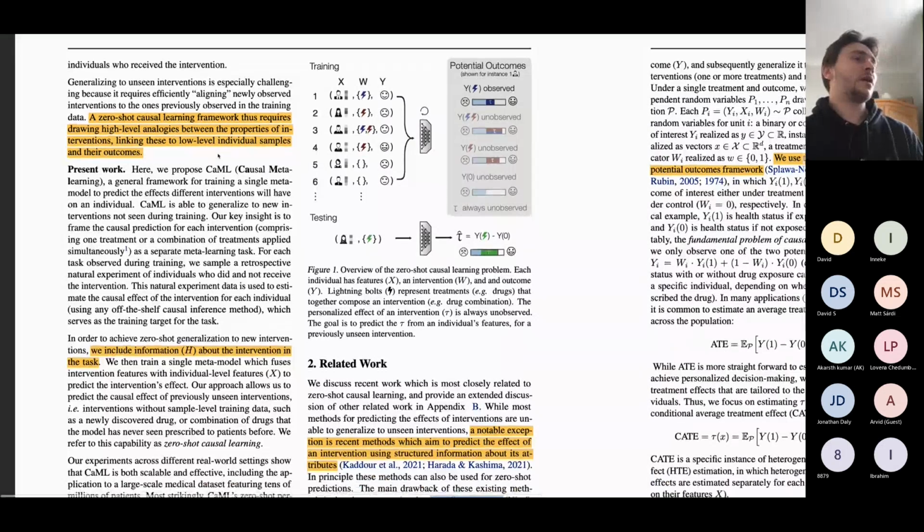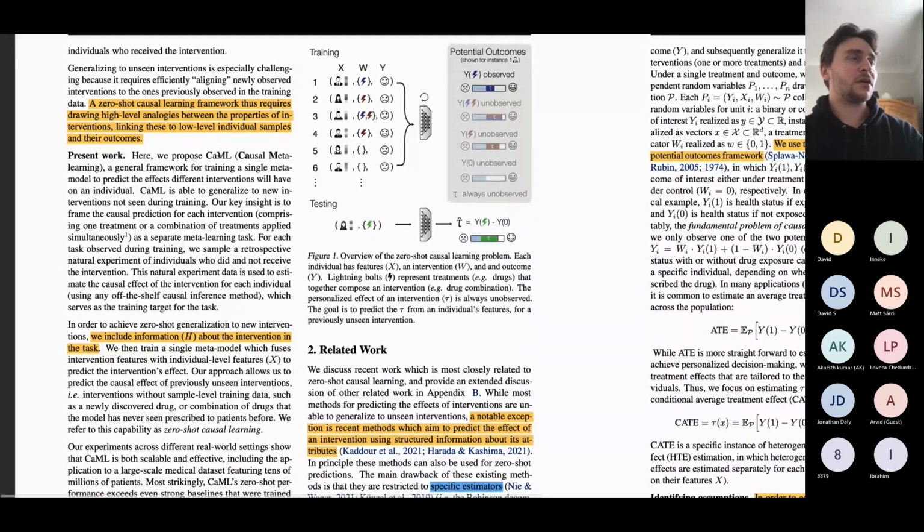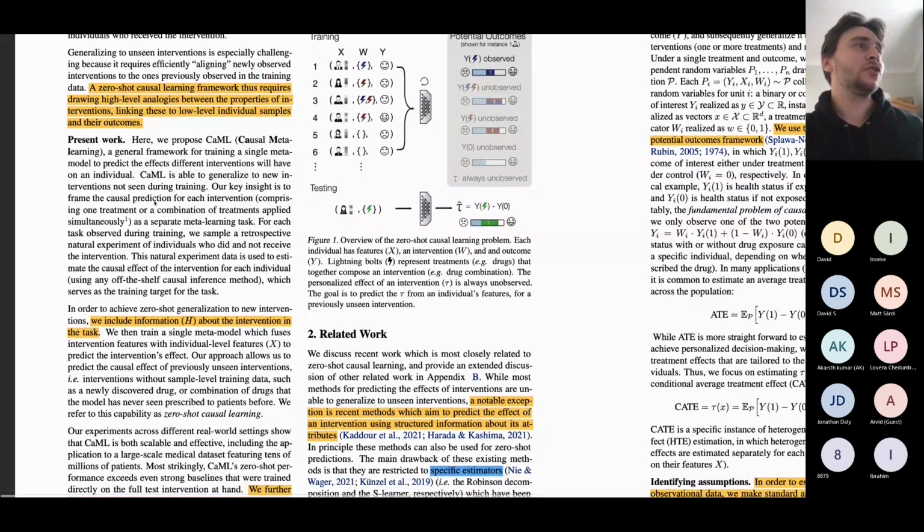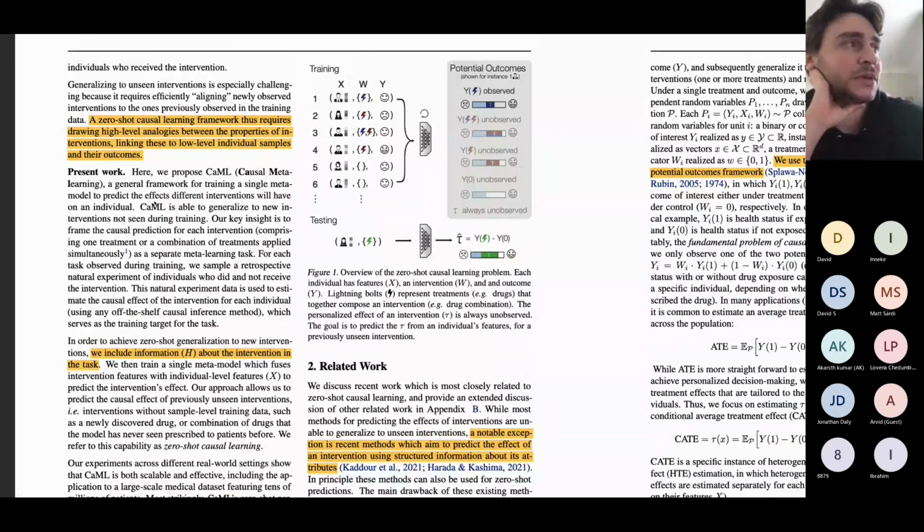Okay, and so another element of the problem, like I said before, is that usually when you're estimating treatment effect, you only have an indicator of what treatment was given to the patient.